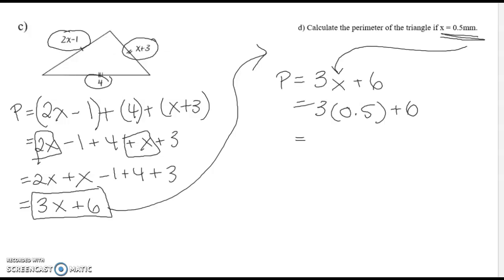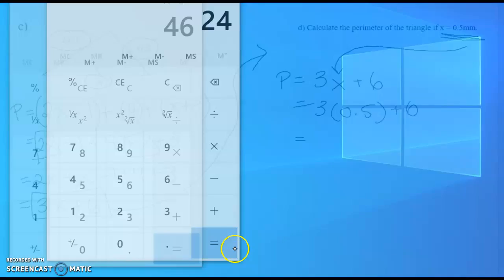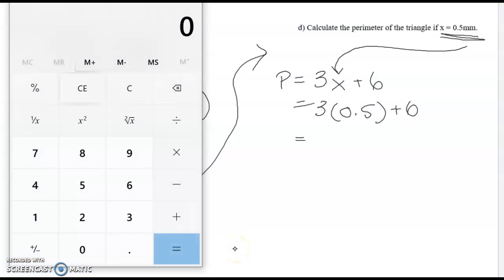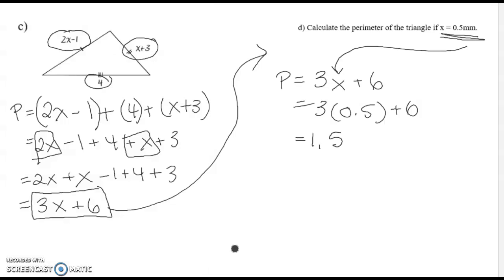In your calculator, 0.5 times 3 gives us 1.5. Then we still have to add on 6, and when you add those two together, you will get 7.5. Because we're dealing with millimeters, our final answer is in millimeters. Okay, let's go to the next one.